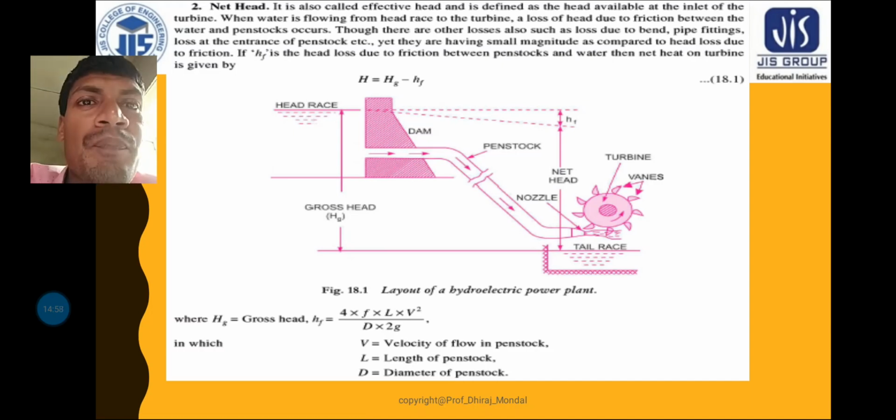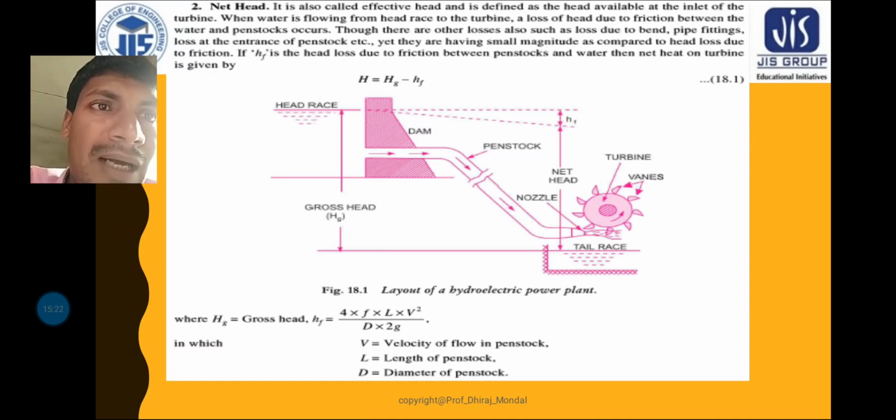How much loss we have got is called the head loss due to friction. And if I deduct that frictional head loss from the gross head, then we will get the net head. Again I am telling you.